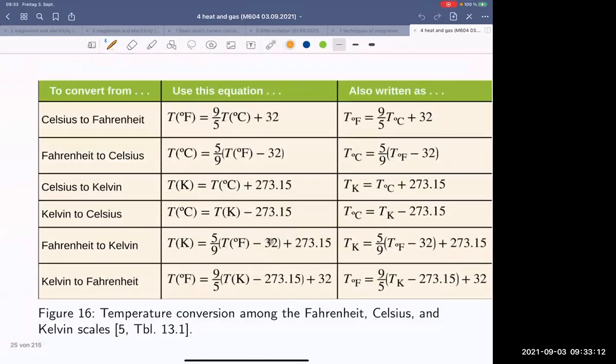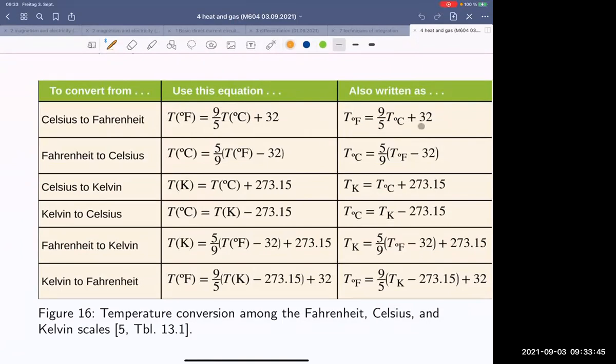If you want to convert a temperature from one scale to another, consider this table. To convert from Celsius to Fahrenheit, the output is on the left-hand side and the input on the right-hand side: 9/5 of the temperature in Celsius plus 32.